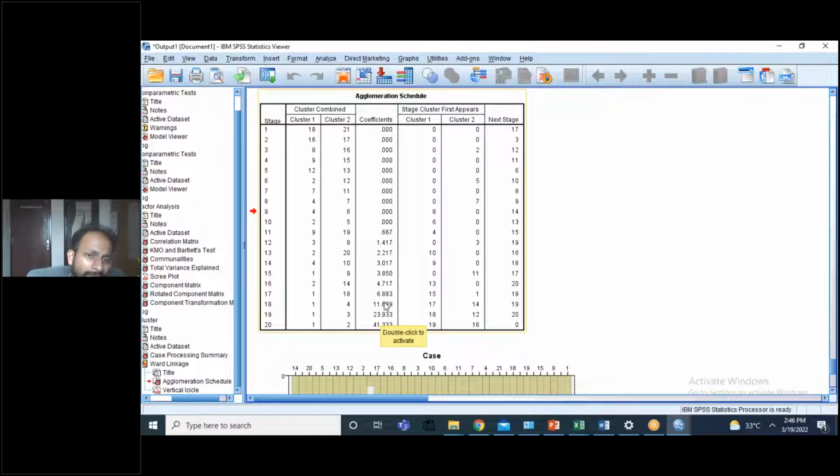And from 23 to 11, there is a reduction of approximately 12 points. Then from 11 to 6, there is a reduction of 5, and from 6 to 4, there is a reduction of only 2, and then 1, which is almost negligible.